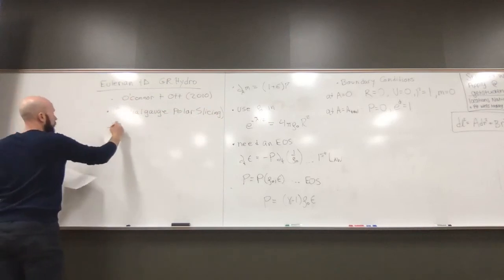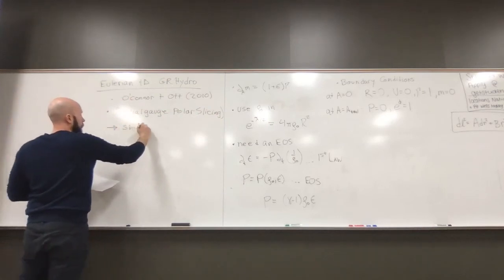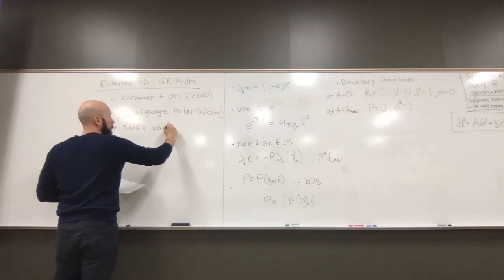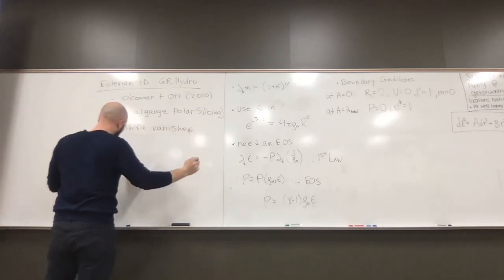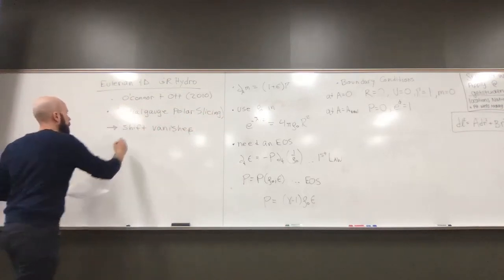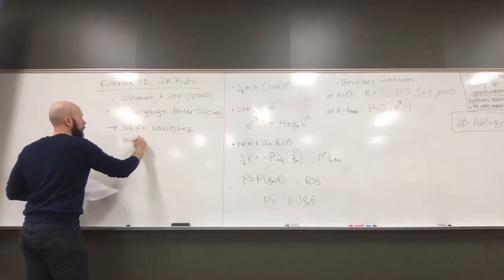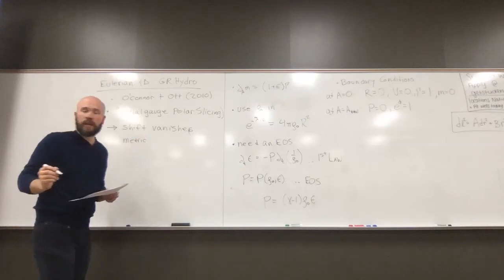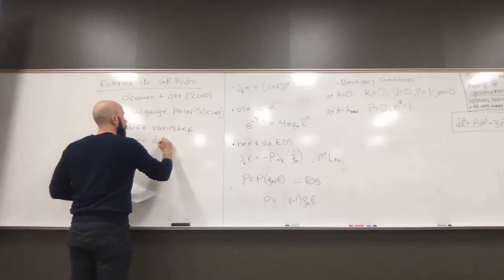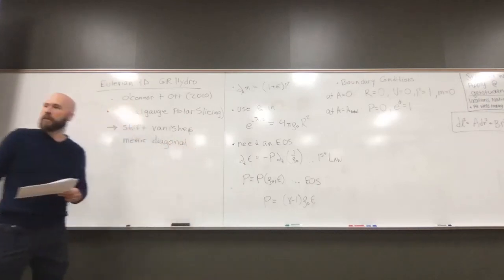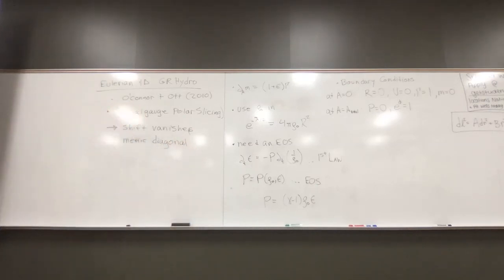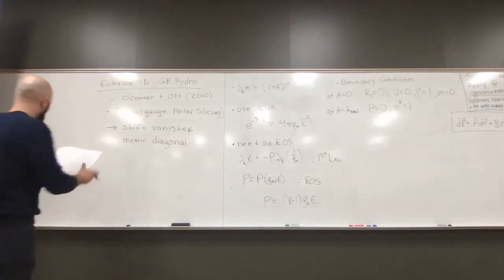Here, the shift vector vanishes, so beta equals 0, convenient. All right, and the metric is diagonal, which is also convenient. We don't like to have to deal with off-diagonal components. And the metric is also extremely similar, though not exactly, a Schwarzschild metric. So it's very, very similar to the Schwarzschild metric, but it admits mass, right? The Schwarzschild metric is for a vacuum. The metric here admits mass.